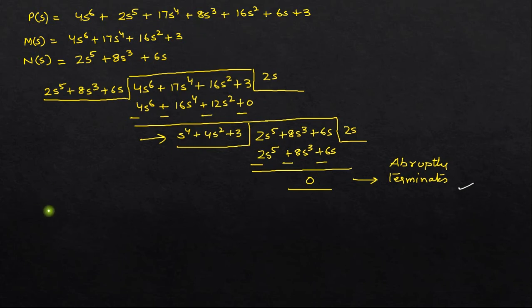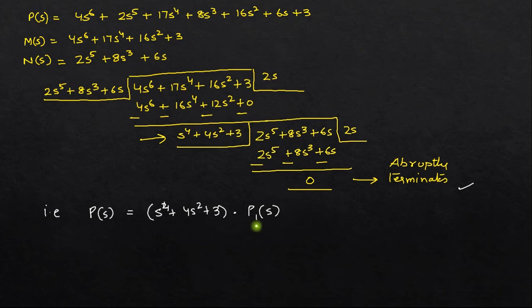That is, I can write P(S), the given polynomial, will be equal to S^4 + 4S^2 + 3 times a certain other polynomial. That is, the product of these two will yield P(S), and I need to check now whether this one is a Hurwitz polynomial or not, and this one also.